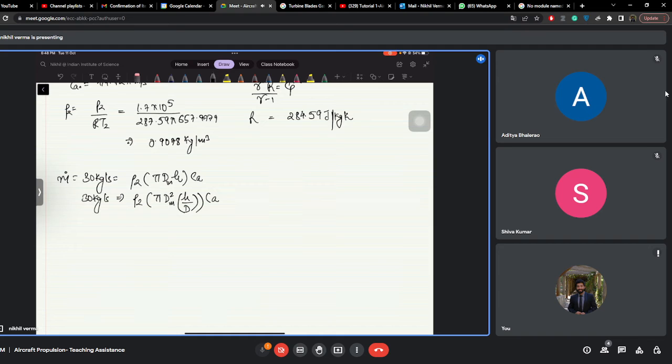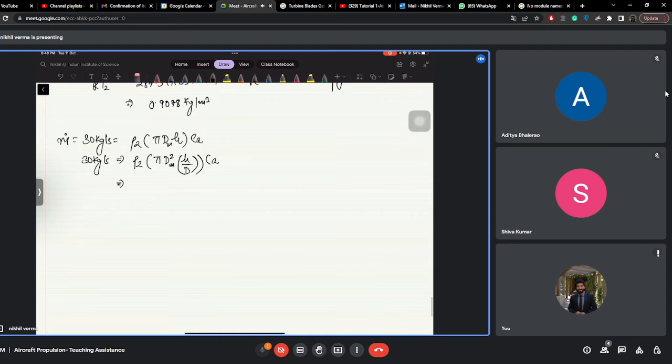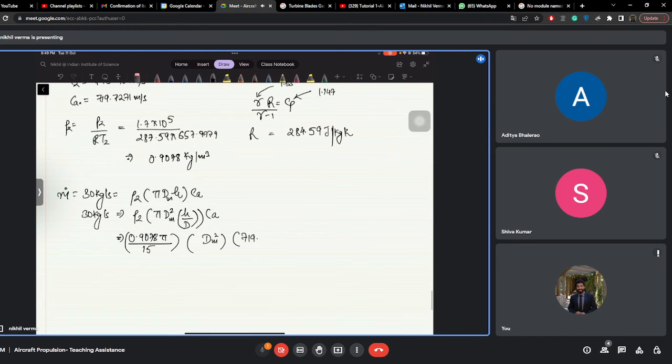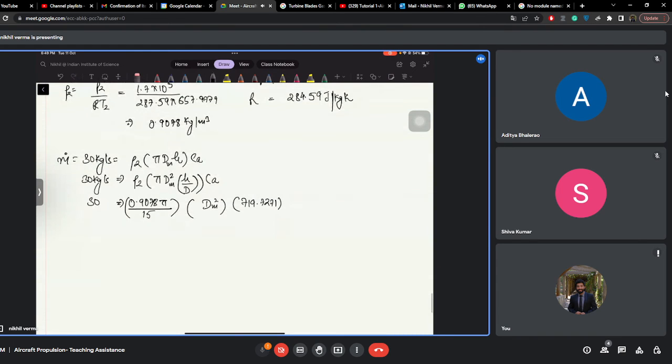This is 30 kg per second. If you substitute these values, 0.9078 pi, and d by h is 15, and dm square, and the velocity is 719.7271, and this is 30, you can calculate dm.